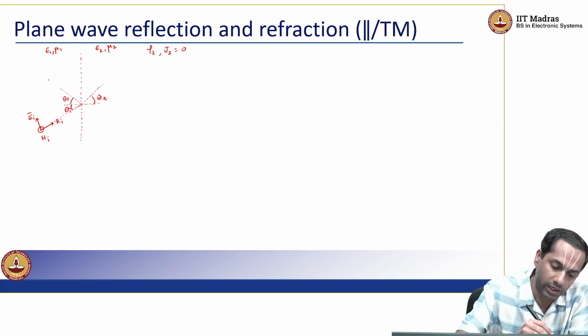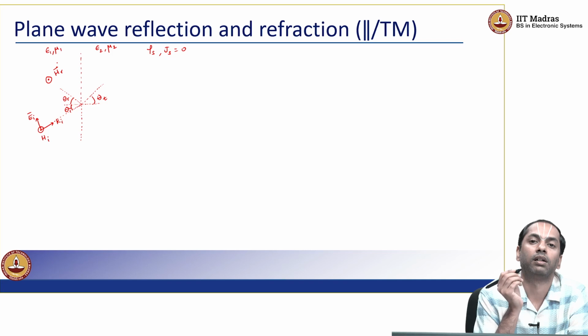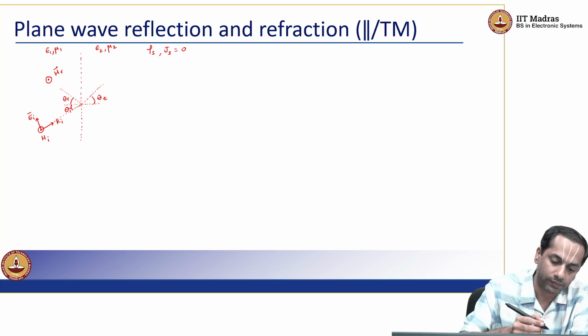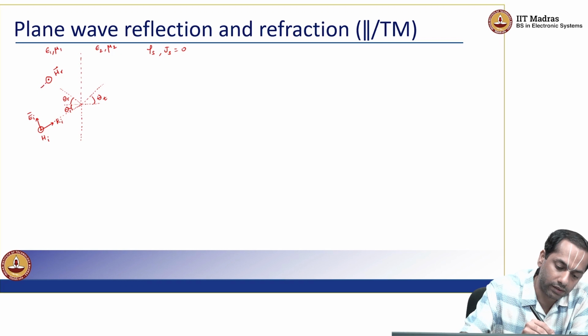So, the way I can draw the reflected wave is that the magnetic field is still oriented outwards, it is perpendicular, and in that case automatically the other two vectors get decided.